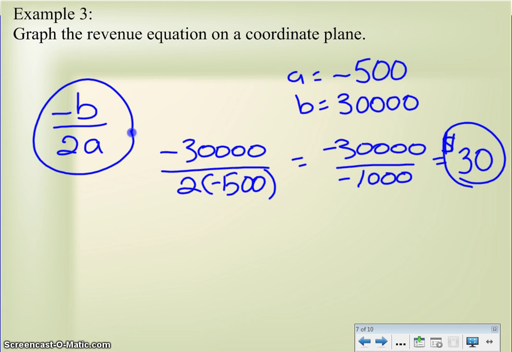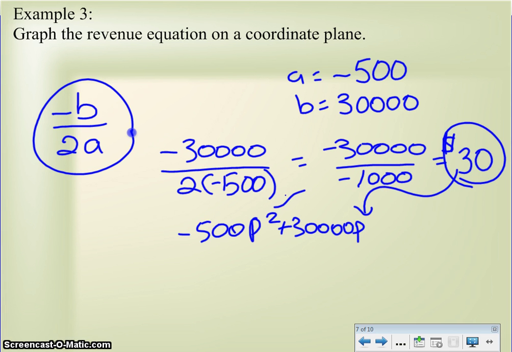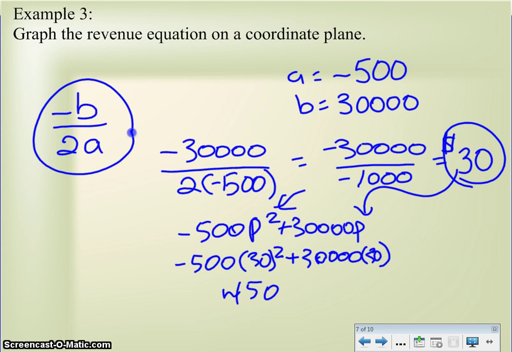And now let's find the maximum profit using our equation, which was negative 500 p squared plus 30,000 times p. If we put that maximum into these areas, we get negative 500 times 30 squared plus $30,000 times that $30, and we get an answer of $450,000.